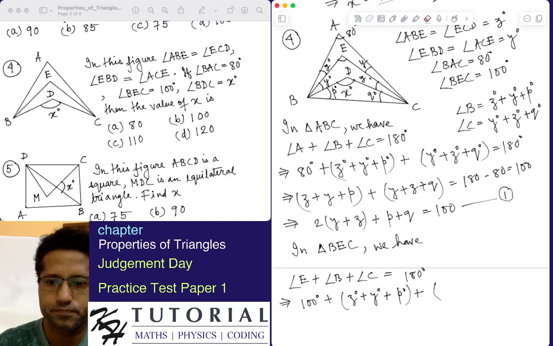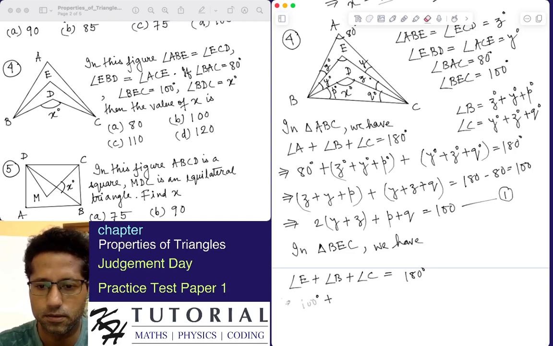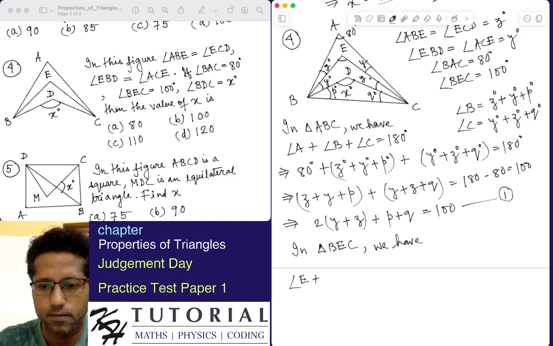So in triangle BEC, it is correct to say angle E is fine.